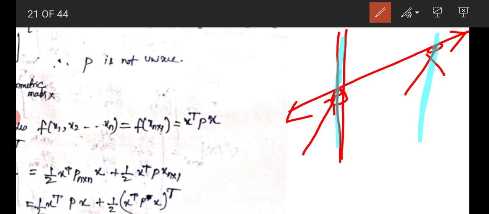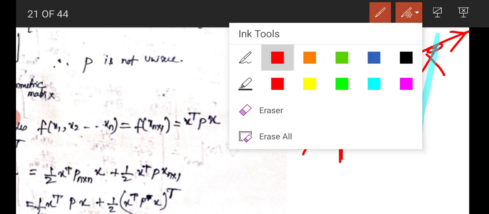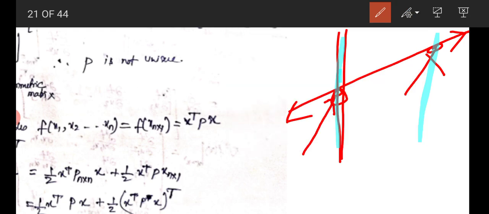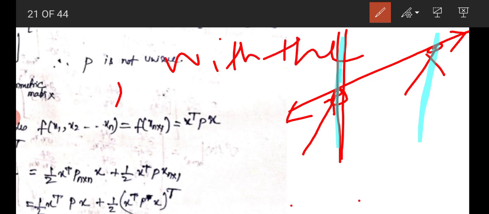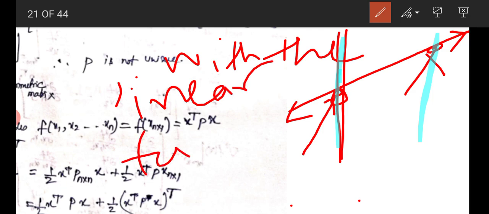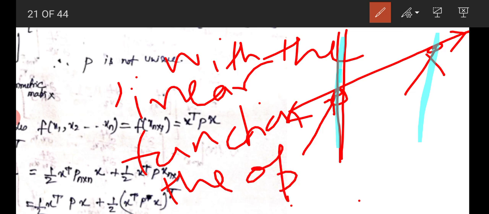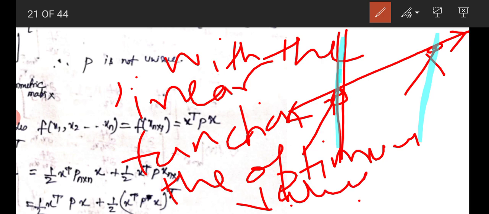It means with the linear function, I am repeating once again, you can pen it down. It is a very important line. With the linear function, the optimum value can only occur at the boundary.